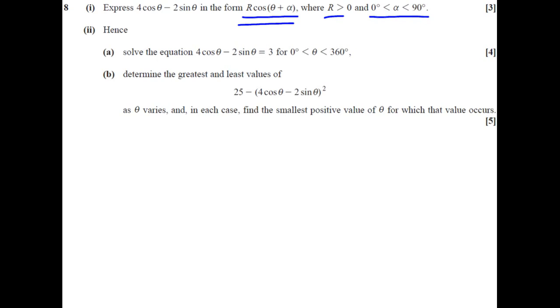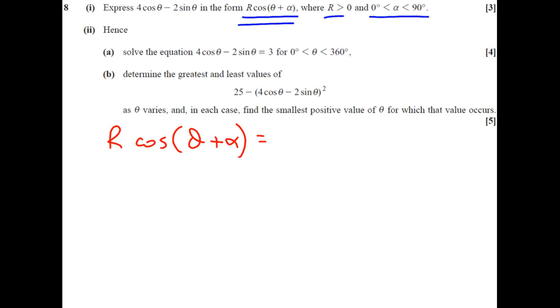So go to your trig section, it's page 3, and you look for the bit that says cos(A plus B). Now your A is theta and your B is alpha. In this case, you use the formula.